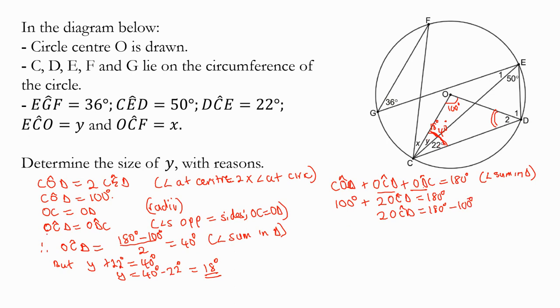Then to get OCD, you divide by 2 on both sides. Therefore, OCD is equal to 180 degrees minus 100 divided by 2. Then you get your 40 degrees there. So that's what you're supposed to do to get the y value. From here, you can do the same calculations as before, then you get your y.